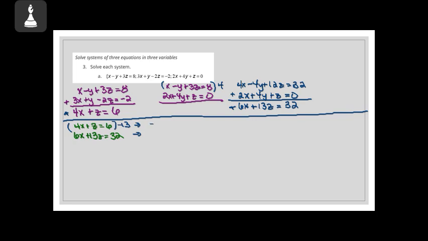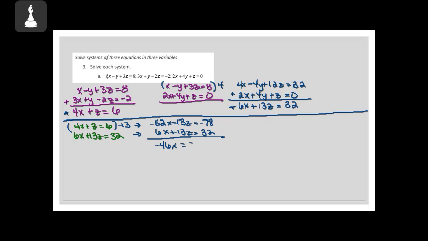And the bottom is going to stay as is. Now, if I add, I get negative 46x. The z's are going to cancel. Negative 13 and 13 cancel out. And then on the right-hand side, I have negative 46. So if I solve for x by dividing, x equals 1.